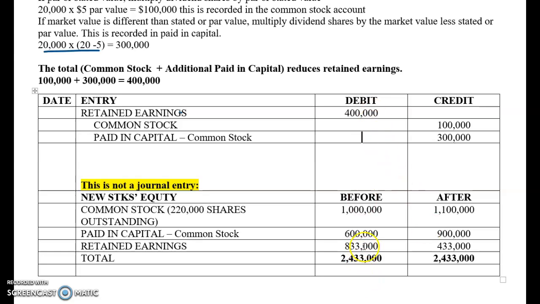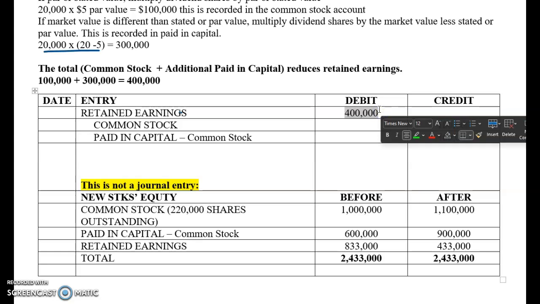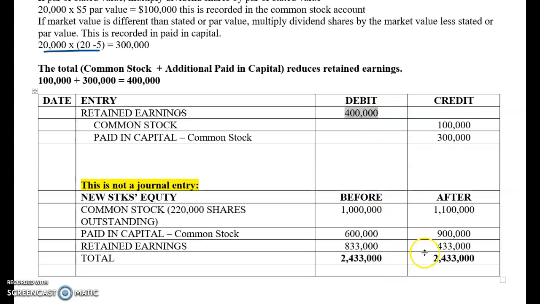We had $833,000 in retained earnings, but we lowered it. We reduced it because we debited retained earnings. Now it's $433,000 after. If you add these three numbers up, it still totals $2,433,000. So essentially what we did was we just rearranged the chairs on the deck. I said that backwards.